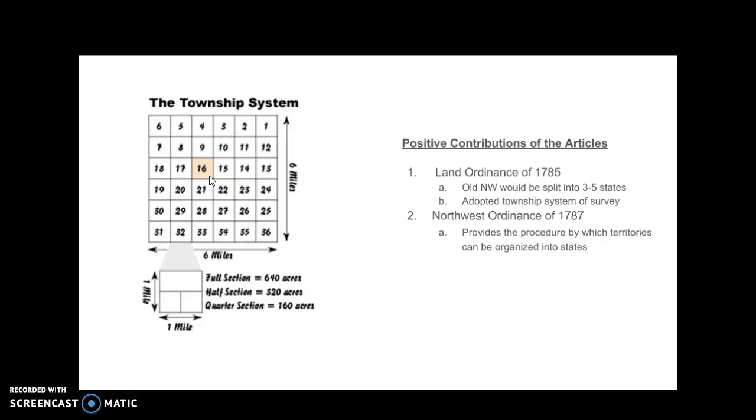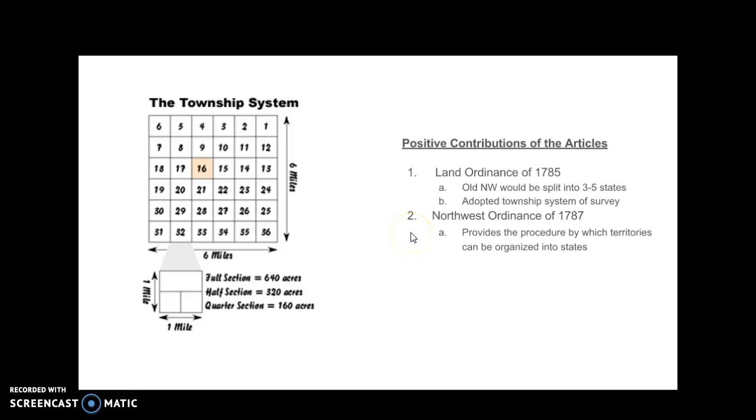So the Land Ordinance of 1785 is making sure that the sale of public lands is done in an orderly process and that you're setting up for the people that get there so they can have a town, so they can create a community, so they can sustain themselves and develop the same characteristics and values that Americans back east had promoted for so long.